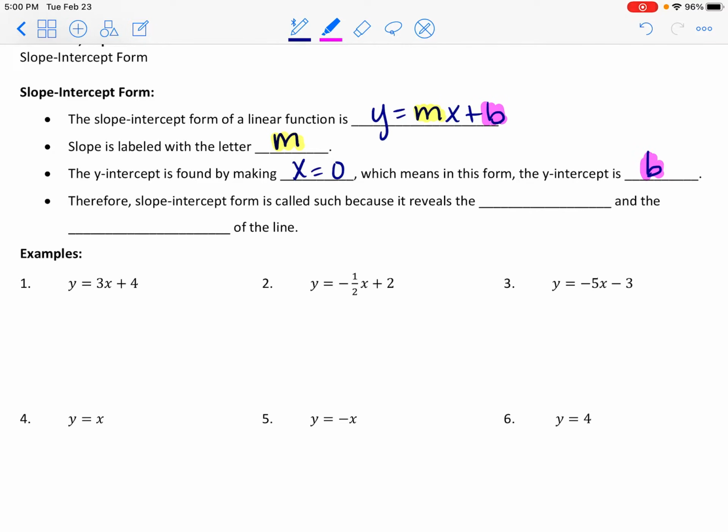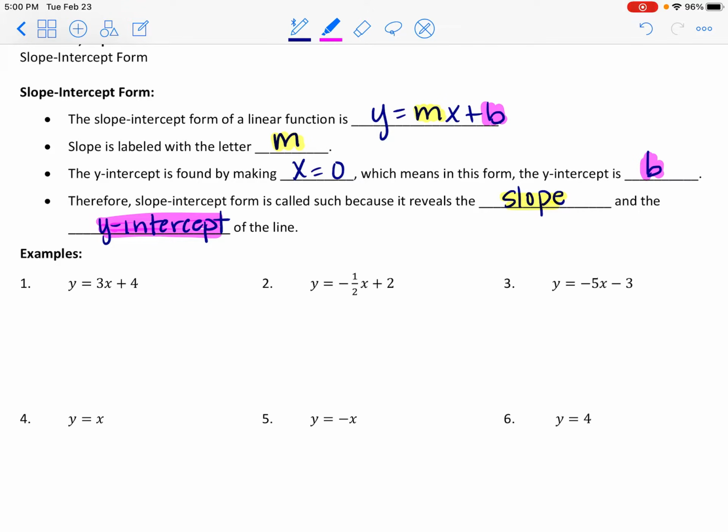We call this slope-intercept form because it shows us, just by looking at it, the slope of our line, and where it crosses the y-axis, it shows us the y-intercept. Again, m for slope, and b is for y-intercept.